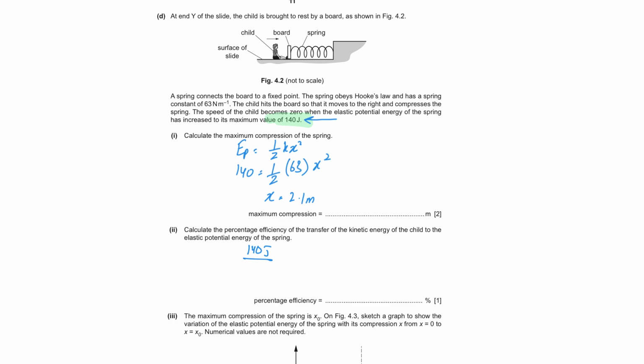The kinetic energy of the child was 300 joules. This is the ratio, and this is the efficiency. Since they want percentage efficiency, you multiply this by 100. So 140 over 300 times 100 is equal to 47%.